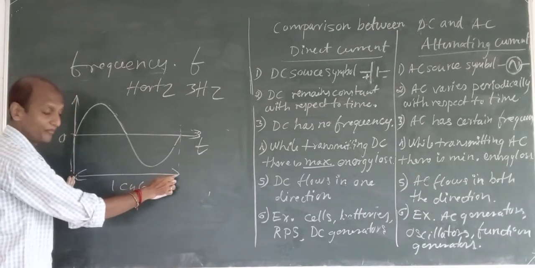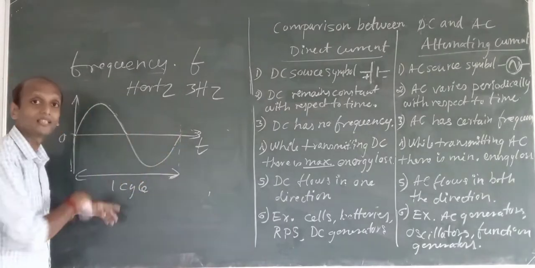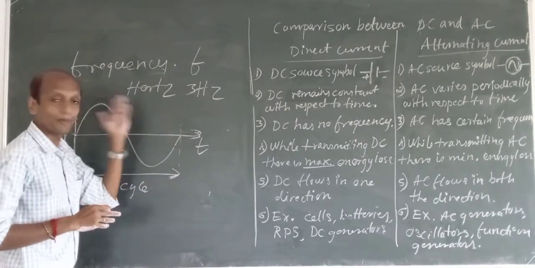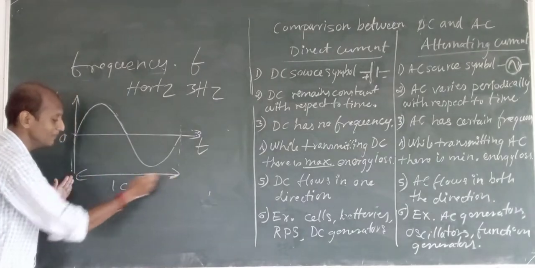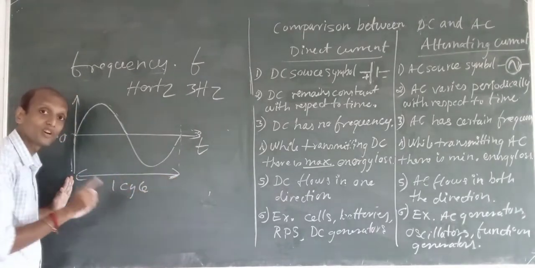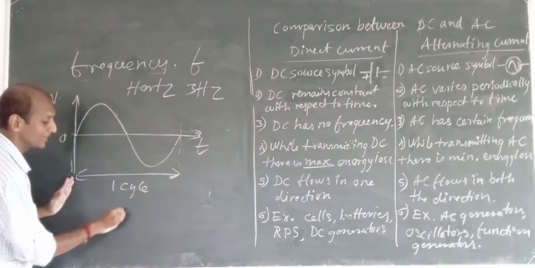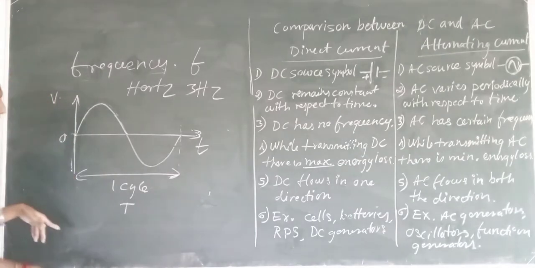So it has taken some time for this one cycle to happen. The time taken for making one cycle of alternating current is called the time period, T.